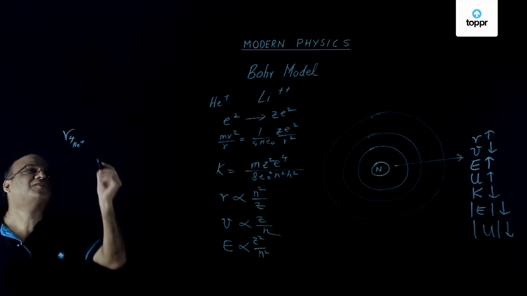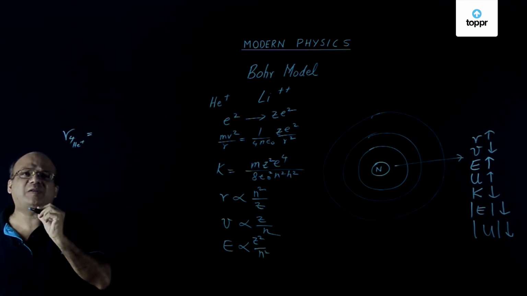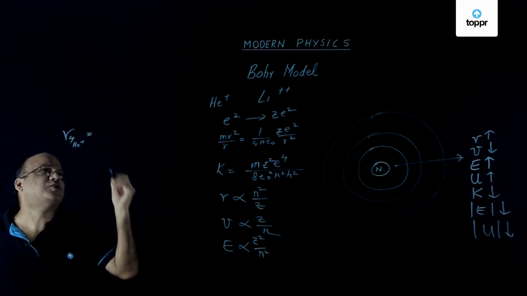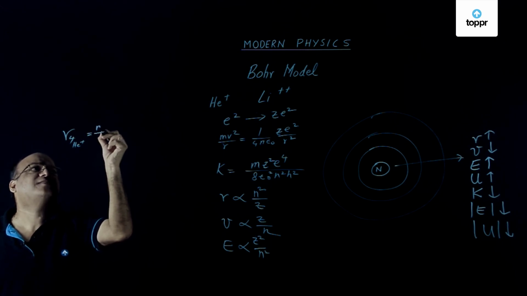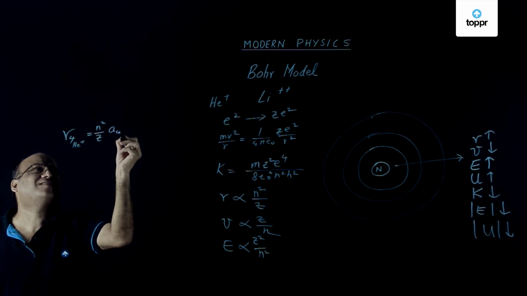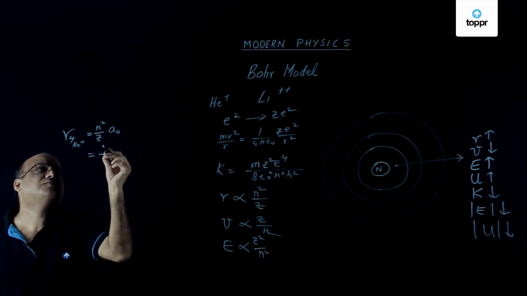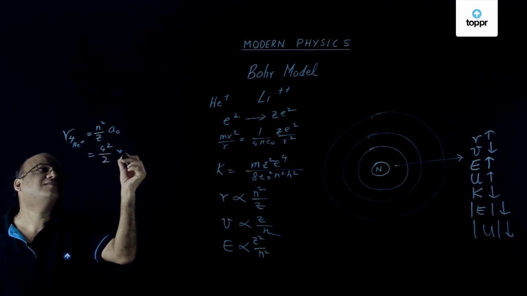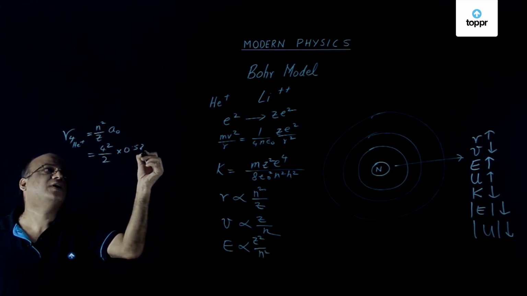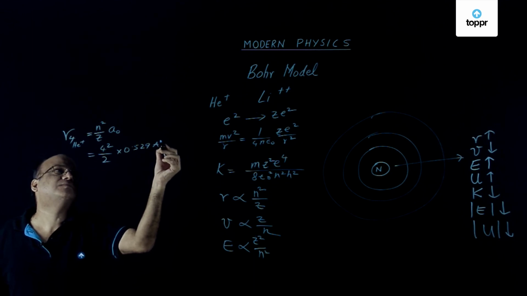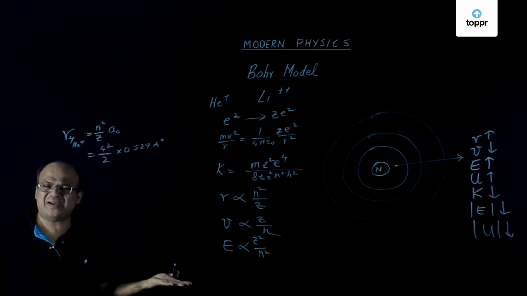So this will be equal to, r is proportional to n square by Z, so n square by Z, and the radius of the first orbit is a0. n here is 4, so 4 square. Z is 2. a0 is 0.529 angstrom. So this way we can find out.